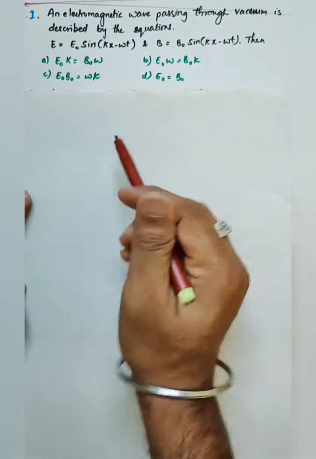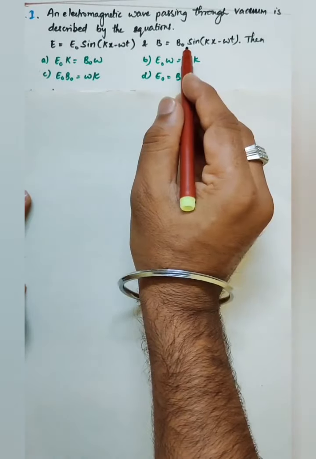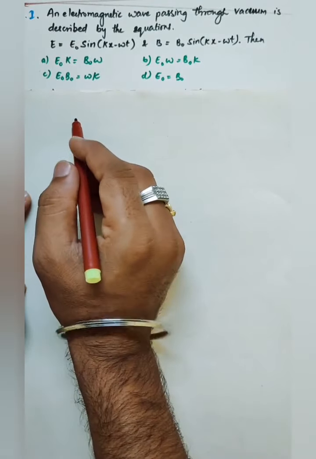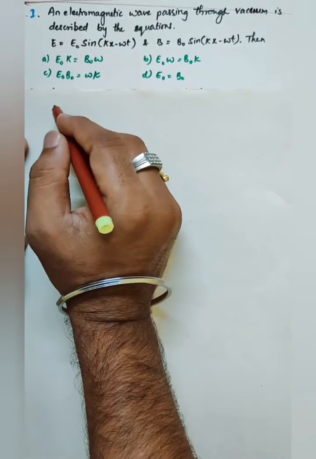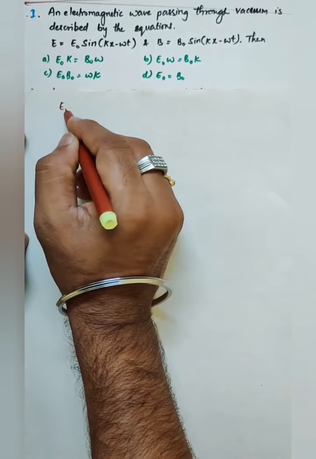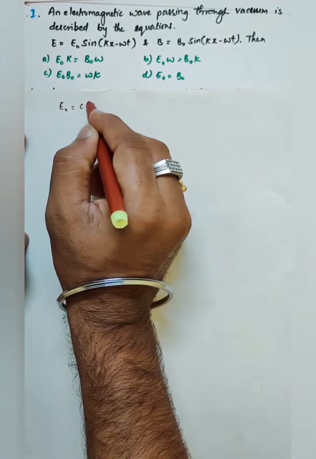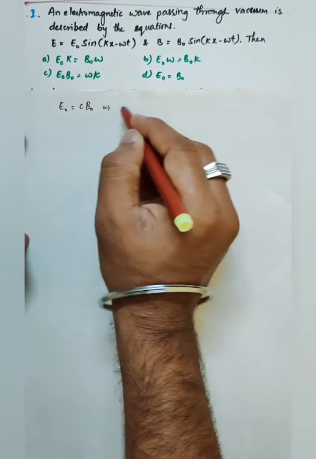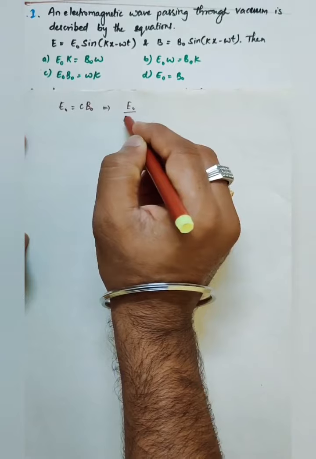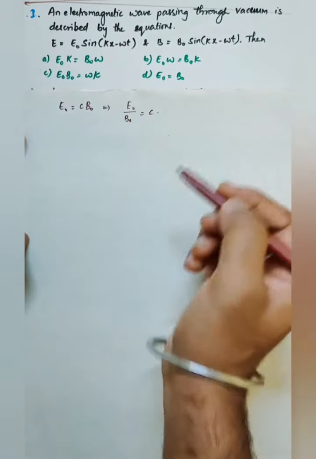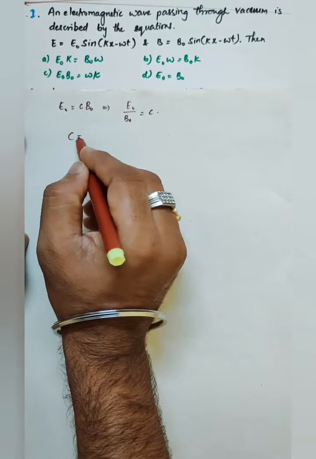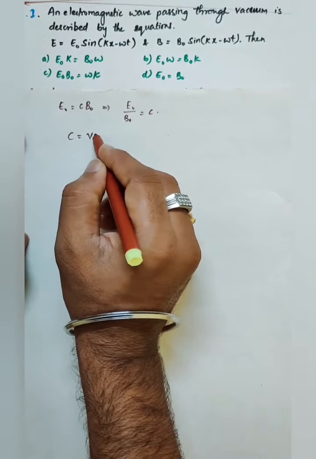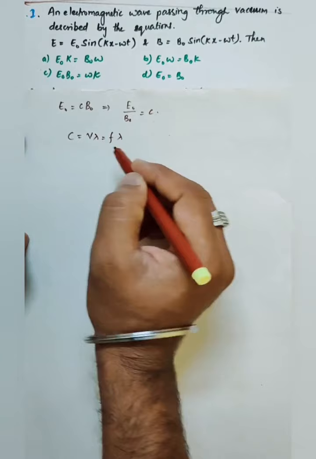Here they have given these two relations, and we also know the relation between electric field and magnetic field, that is E naught is equal to C into B naught, or E naught divided by B naught is equal to C. But we know that velocity of light C is equal to nu into lambda, or frequency into lambda.